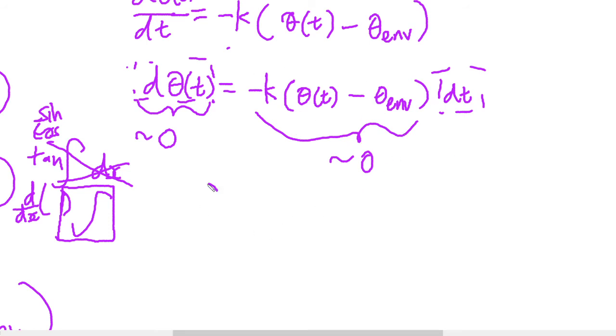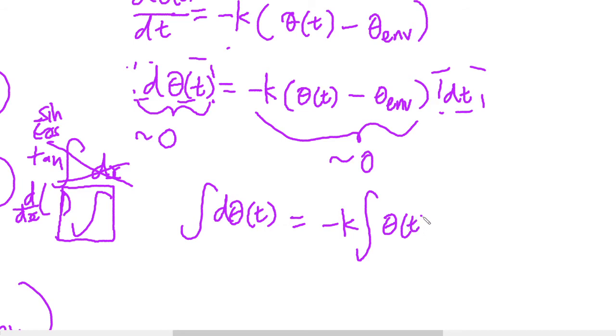So we get the integral of 1 with respect to theta is equal to minus k, taking the constant out, times the integral of theta, the temperature, minus theta, the temperature in the environment, with respect to time.